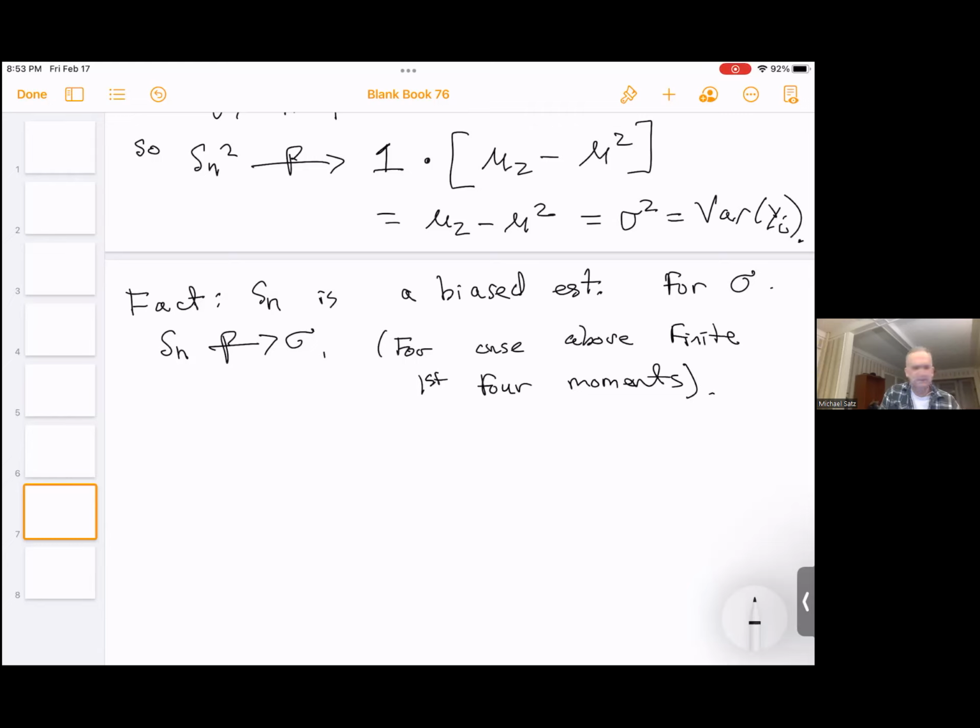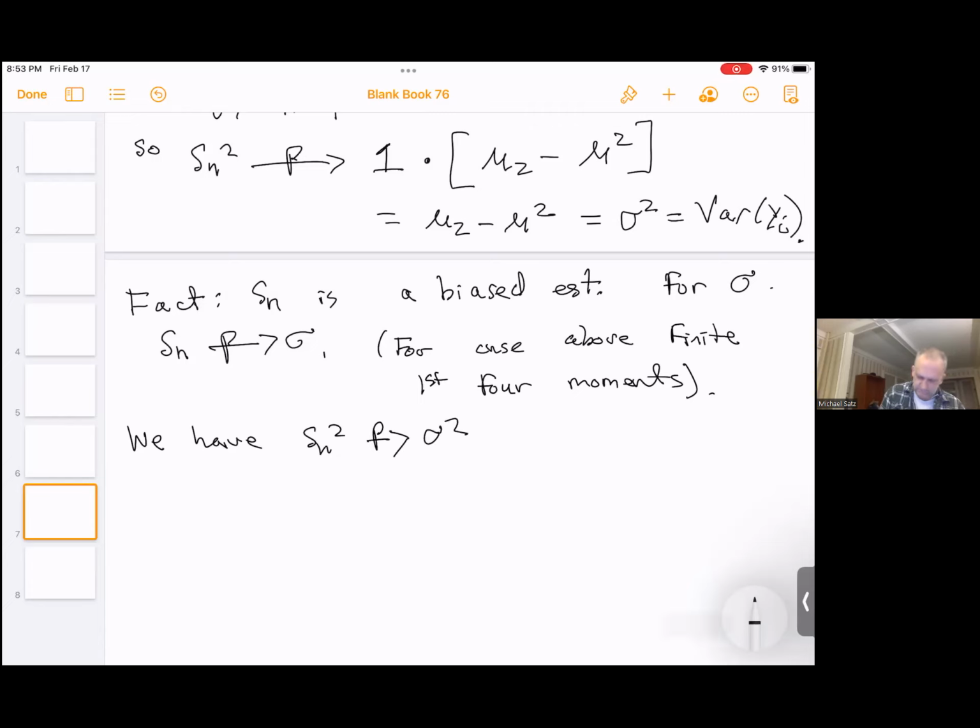But really anywhere, I believe, where Sn squared goes to sigma squared. So then we know the finite first 4 moments gives us, this is not hard, Sn squared goes in probability to sigma squared.